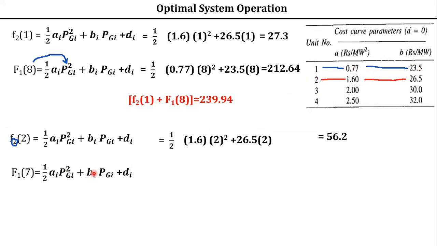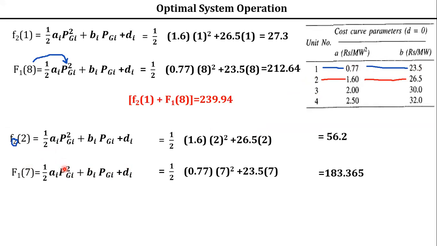Those values you substitute. And what is PGI? PGI is your 7 megawatt. You substitute those values, so you will get the answer as 183.365 rupees per hour. Clear? Hope you understood this one.